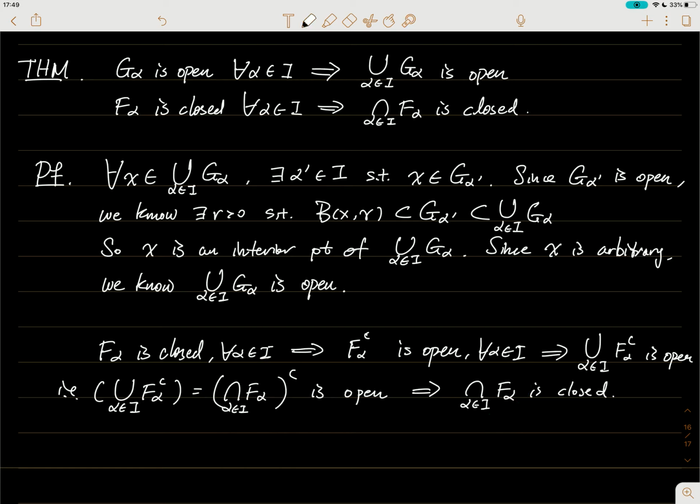This theorem says that if you just have open sets, feel free to take a union. You still have an open set. If you just have closed sets, then you can feel free to take an intersection. It doesn't matter how many closed sets you have, the intersection will still be closed. The reverse is not true.